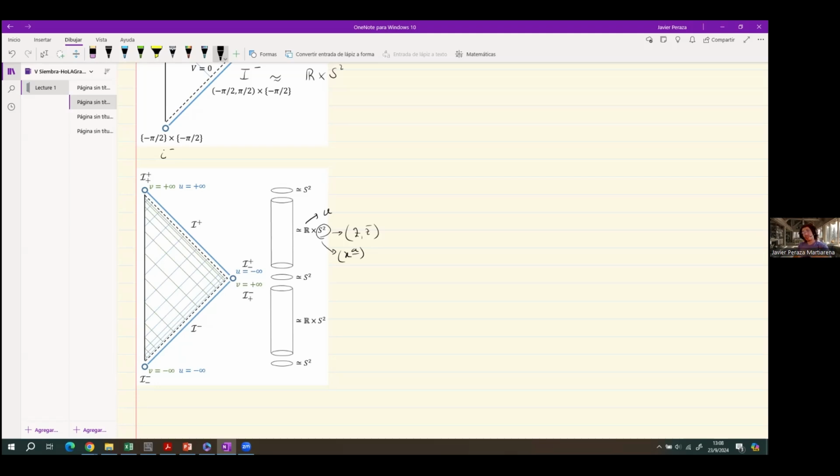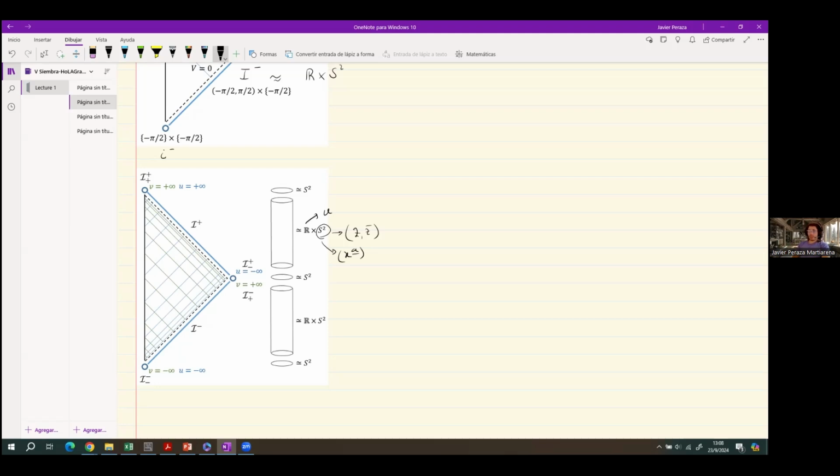If you go with v, you have another type of field, and you can match both, but the matching is not trivial. It should satisfy certain conditions. In the case, for example, of Maxwell equations, you can do it by yourself. It's also in Strominger's papers. You have this antipodal mapping.